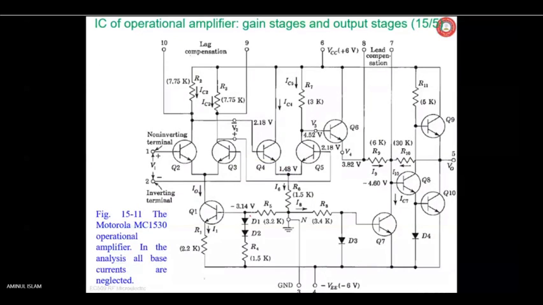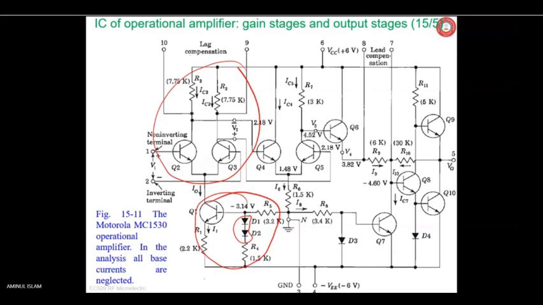Here you see, instead of one diode, two diodes have been used. This is an operational amplifier, and look at this part: it is nothing but your differential amplifier, which is what we are discussing, this part only. You can understand at a glance that this is what we are discussing there. Aman?